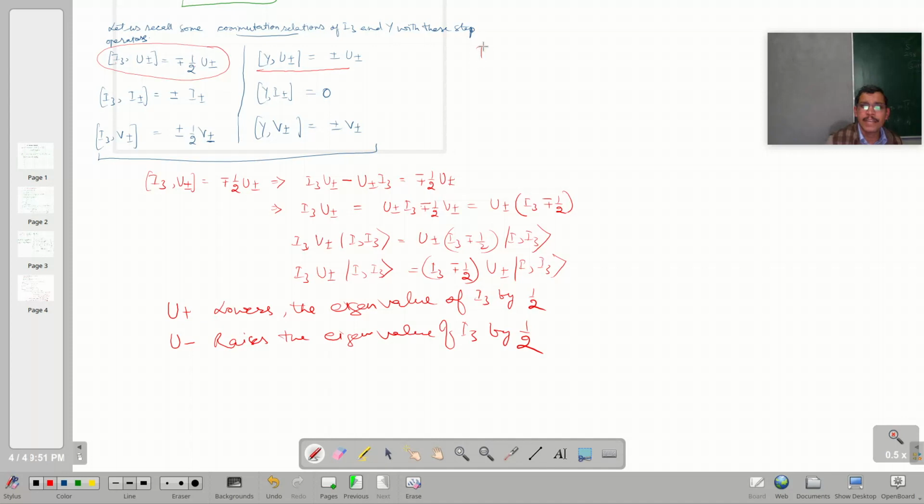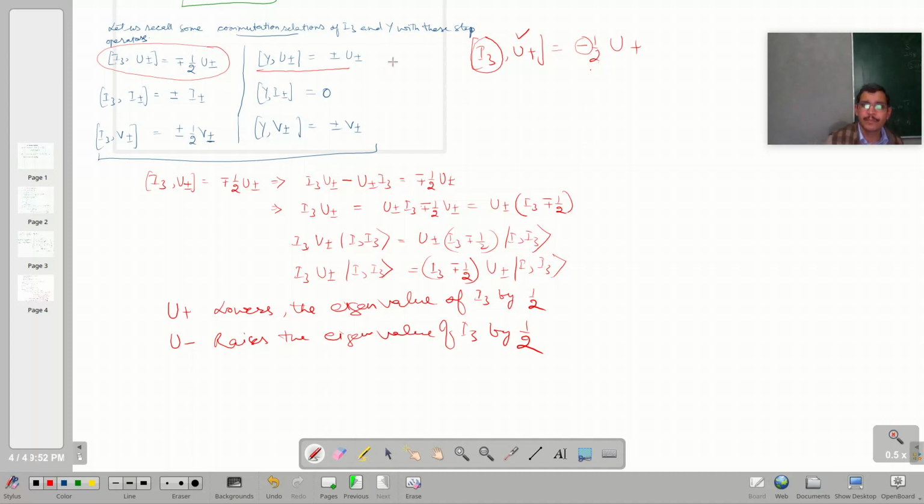Say it is I3 with U+, it gives me minus 1/2 U+. What does it mean? That means this U+ lowers the value of I3 by 1/2, because the negative sign represents lowering. Lowered by 1/2.